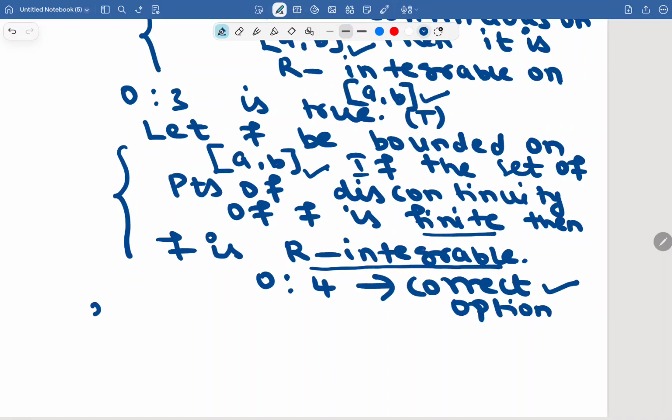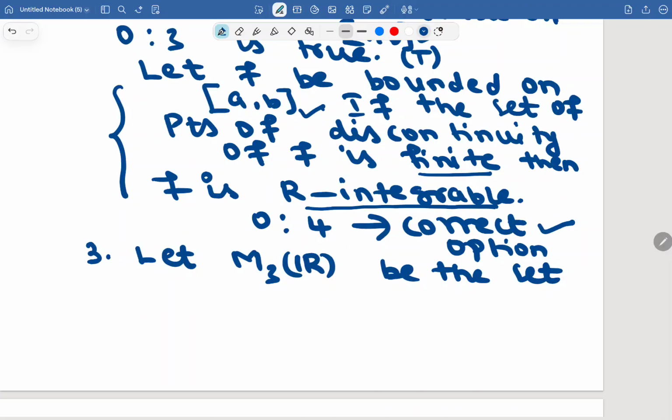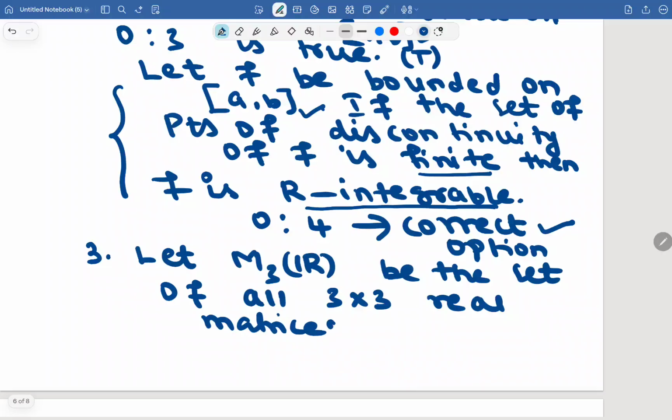Now, the third problem. Let M3R be the set of all 3 cross 3 real matrices.